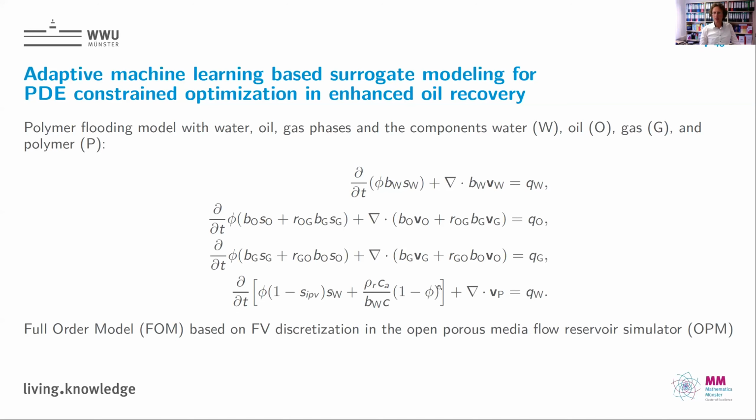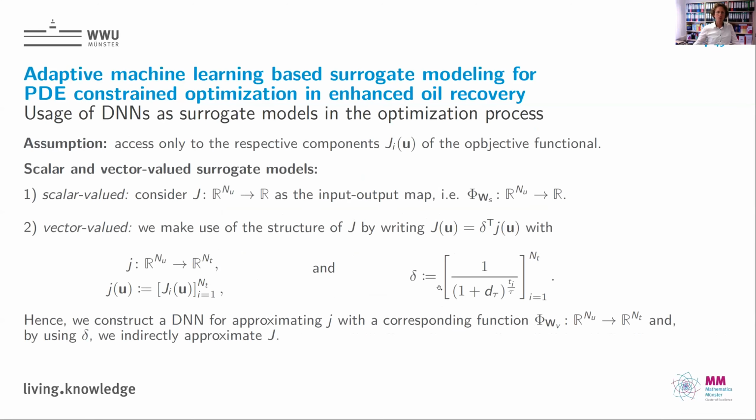But we directly went to an approach where we speed up the overall optimization process in a way that you want to get a surrogate model for the evaluation of the cost function.